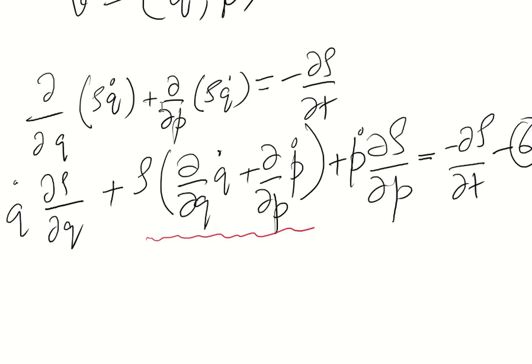So what we do is take this term out, and we take partial over partial q of q dot and partial over partial p of p dot, and if we now put equation 1 in it, that is the definition of q dot and p dot, it will become partial over partial q of partial h over partial p minus partial over partial p of partial h over partial q.